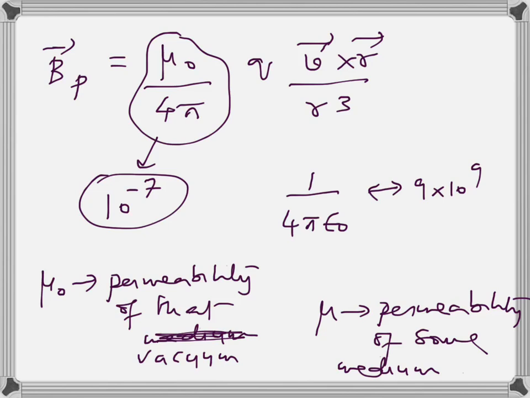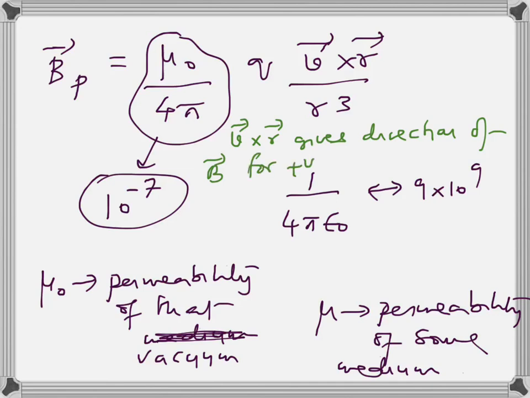Here I will write in green color, V cross R gives the direction of the magnetic field for a positive charge. For a negative charge, minus V cross R will give the direction of the magnetic field.